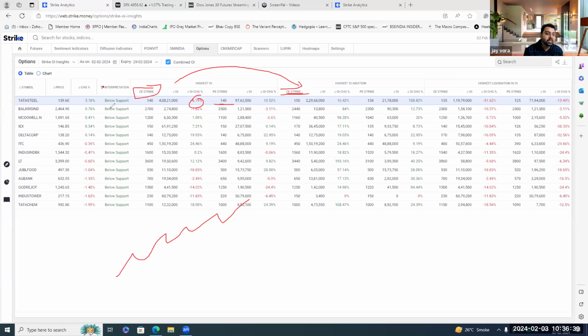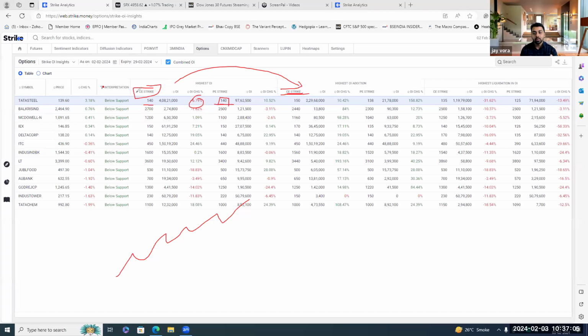Now see, Tata Steel is one case where at 140 the call option has the highest open interest, and even the put has the highest open interest at 140. So these can be stocks where you see call and put options with the highest open interest very close by. These can be range-bound stocks, where if it breaks on either side, there could be a good move.